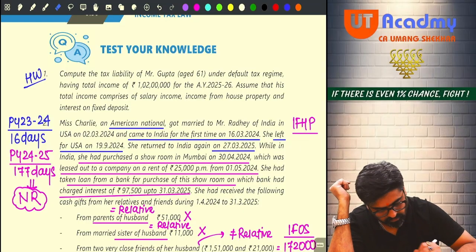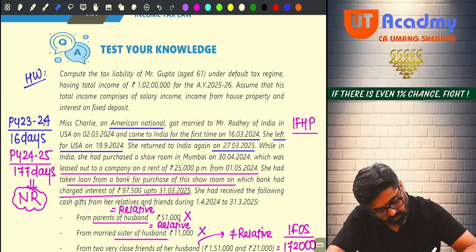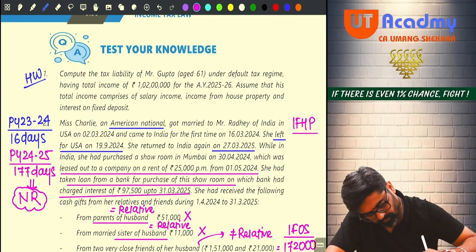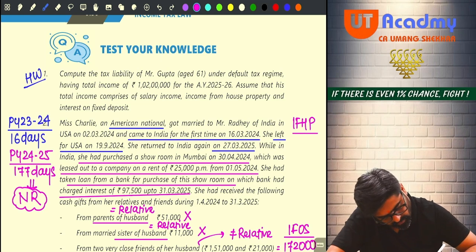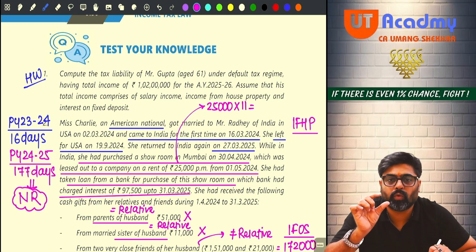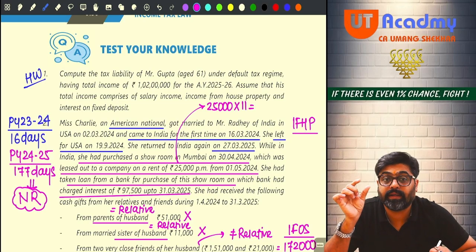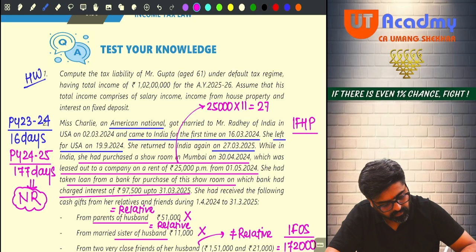No, this is not 60. I will make the calculations. This 25,000 rent which I have taken, 25,000 into 11. Okay, this will not be 2,25,000, this will be 2,75,000. Please calculate.